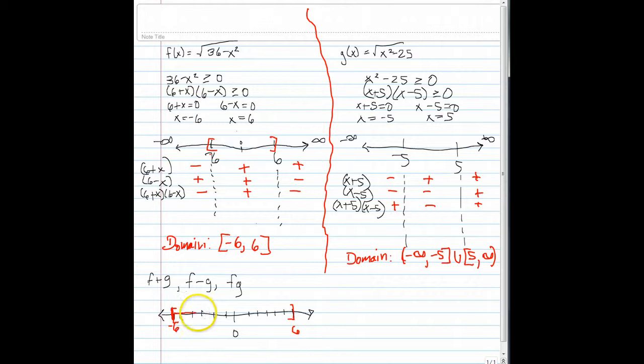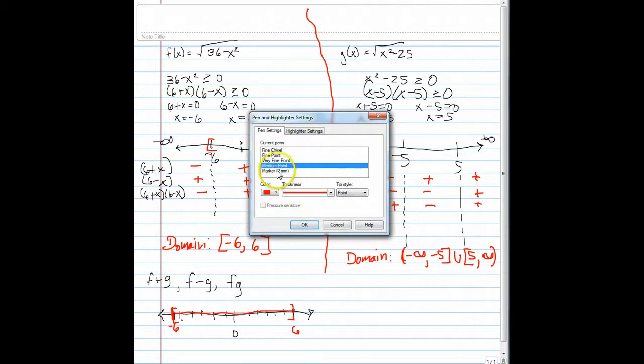So this is the domain of the function f in red, and we'll use a different color for g. Well, let's use green, I guess.